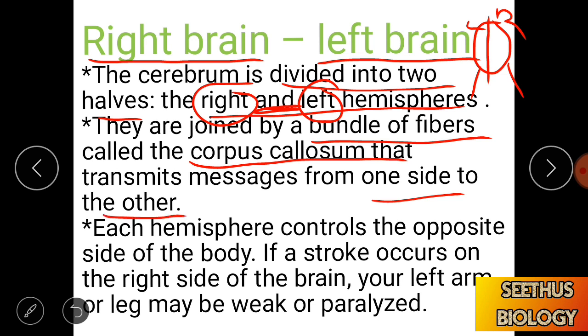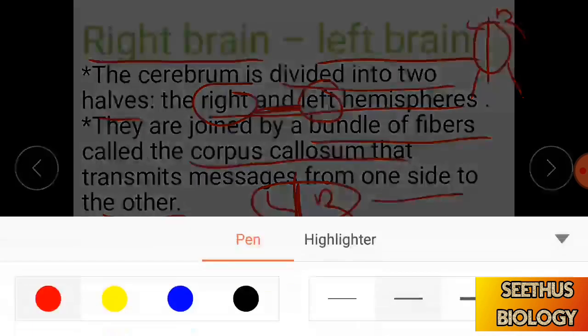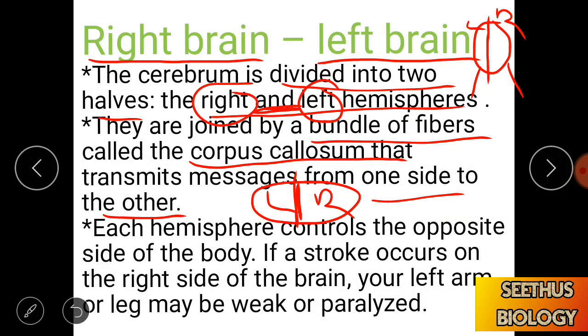For example, this one is the cerebrum. It has two halves, that is the left hemisphere and the right hemisphere. The signals from the left hemisphere are transferred into the right hemisphere, and from the right hemisphere the signals are transferred into the left hemisphere.